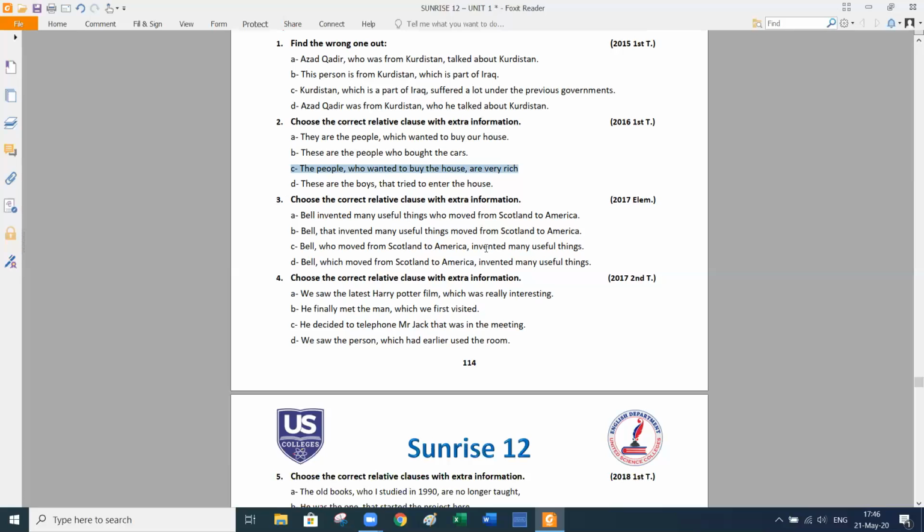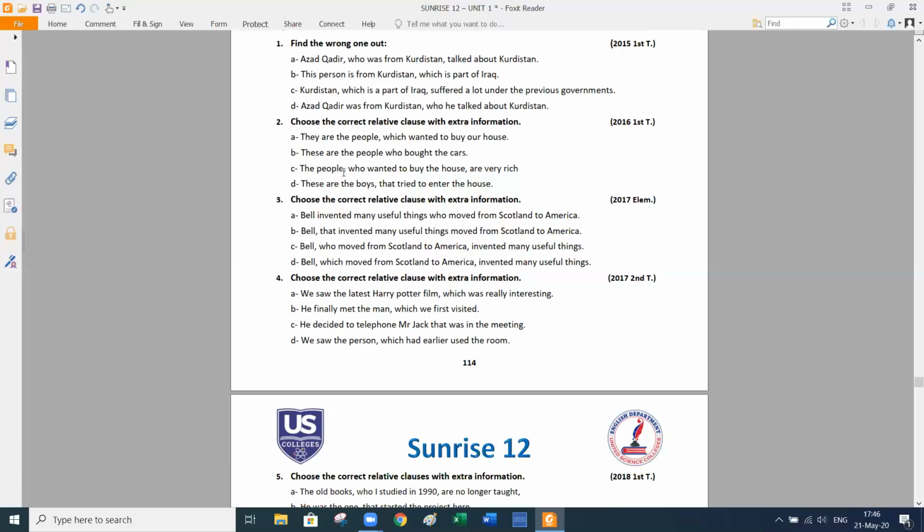But again, let me remind you, this is not the best answer. I mean, it's not the best sentence because the people would need to be defined. This sentence would be better if you use a defining relative clause here. But they simply wanted you to know whether you know the rules or not.